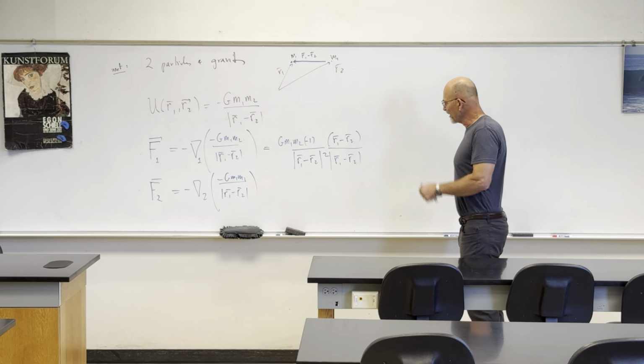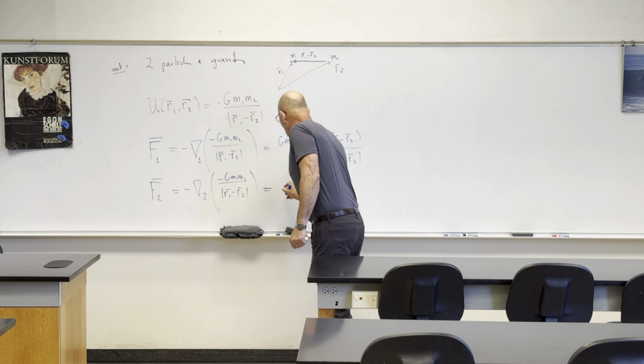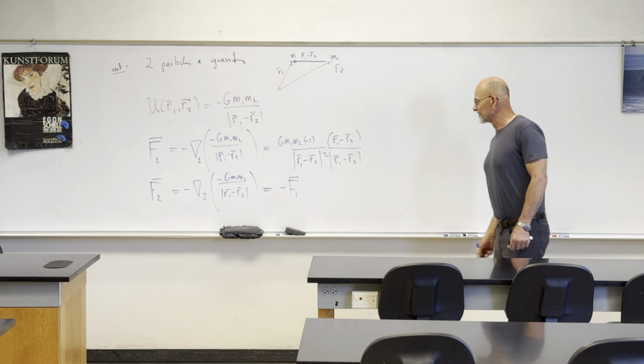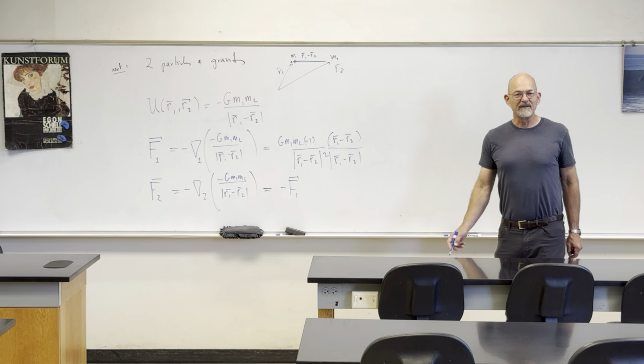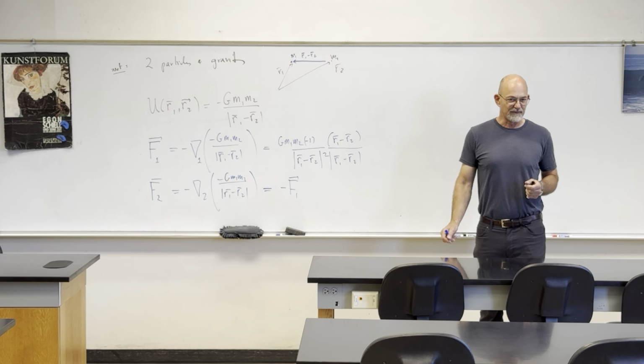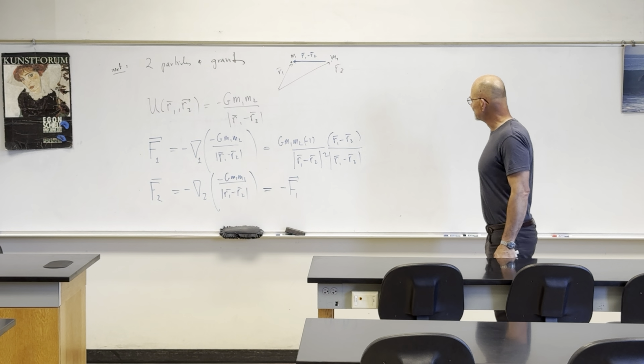So that really will give me minus F1. This is the example where I was saying the two internal forces, you add them up, they cancel by Newton's third law. So this is the explicit version of that.